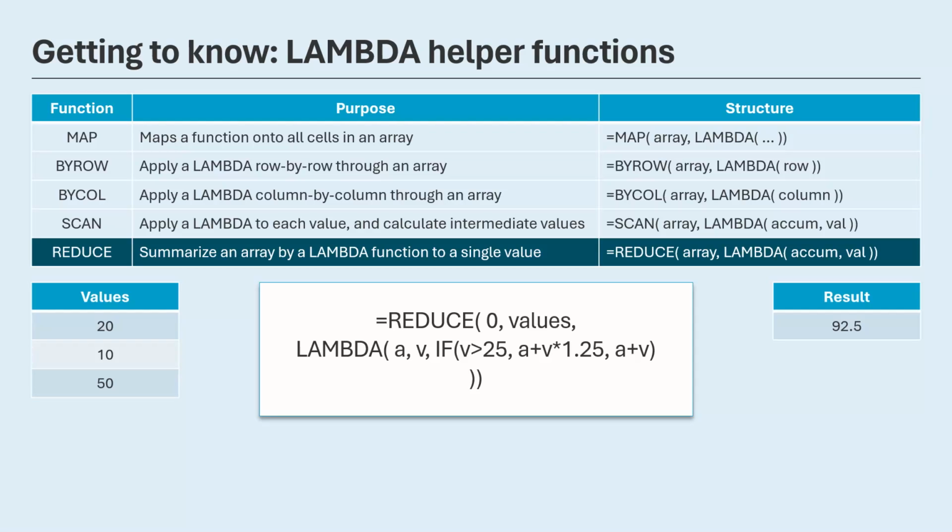So we say, okay, 10 plus 20 is 30. And then we take our third value and we say, okay, the third value is greater than 25. So take that number, multiply it by 1.25, and then add that to the running total up until now and get us 92.5. Let's see this in a couple of real-world scenarios.